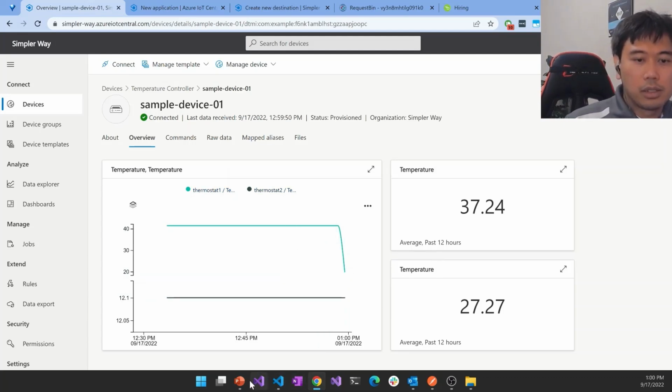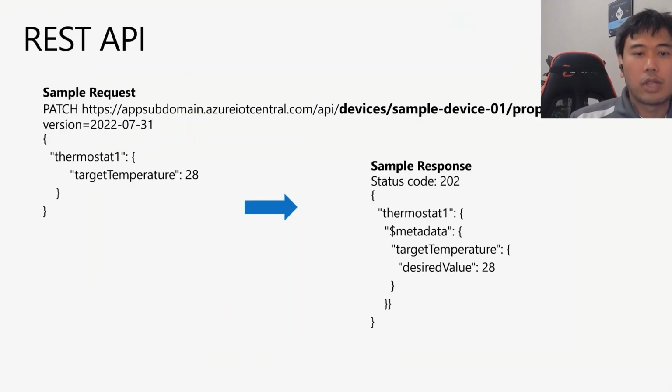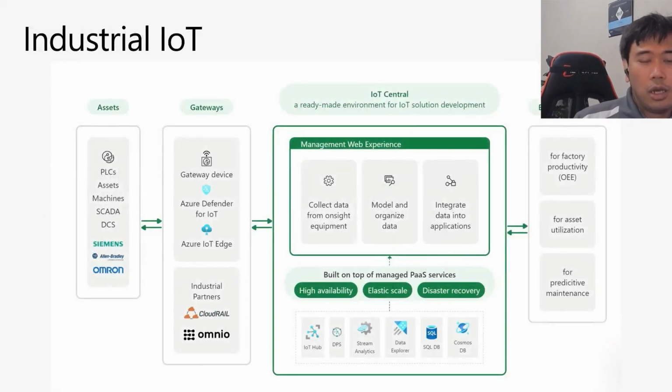Okay, so that's an example of how you would use the REST API. There's a lot of things you can do with the REST API. You can control a device, you can create a device, you can create jobs, those kinds of things. So, industrial Internet of Things.